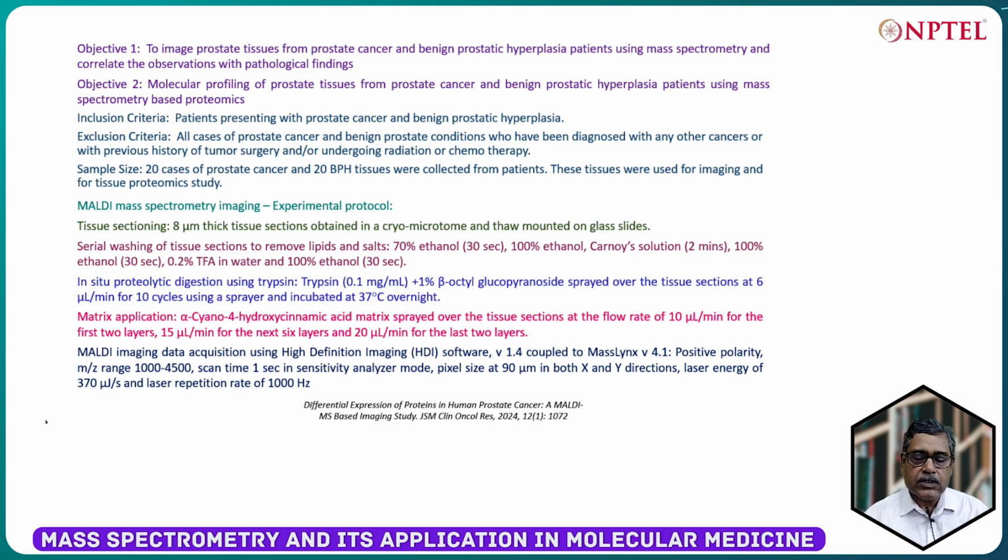When we are focusing on proteins to image, we will use MALDI mass spectrometry as an analytical platform. The main objective of the present study is to image prostate tissues from prostate cancer and also benign prostate hyperplasia.